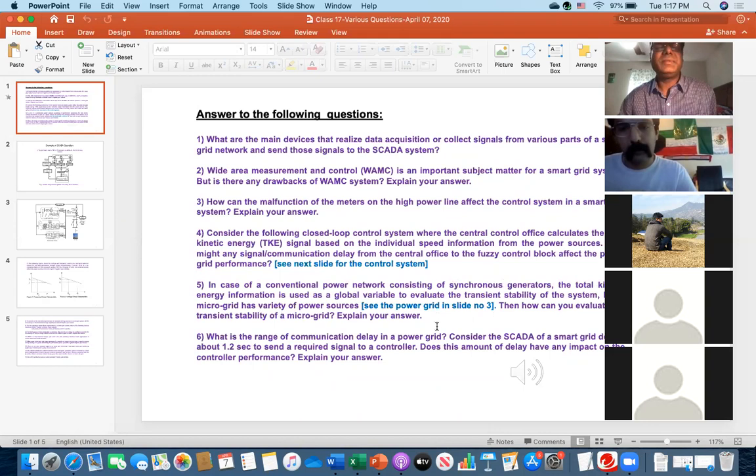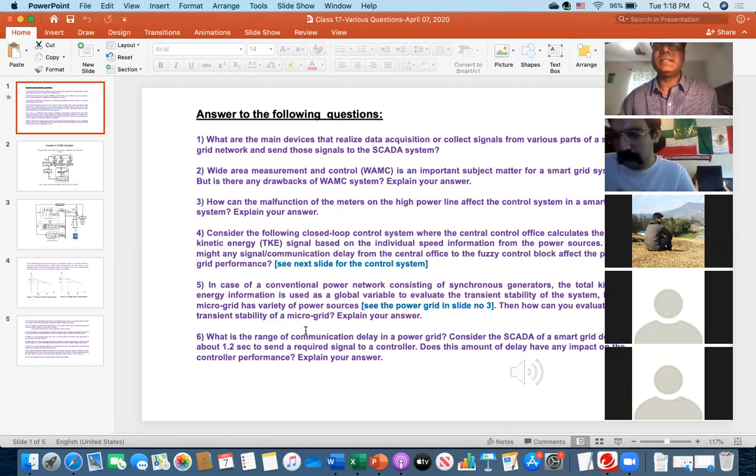Then how can we evaluate the transient stability of the microgrid? In other words, in case of a microgrid that has a variety of power sources, not just the synchronous machine, like problem 4, what should be the global variable that should be measured by the SCADA, that will help you evaluate the stability of the microgrid?